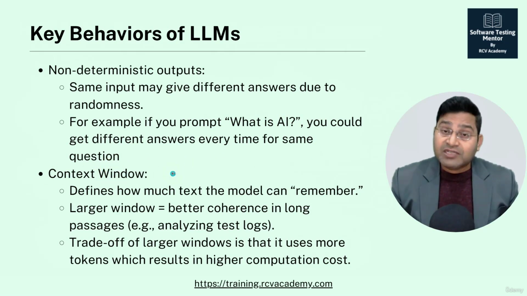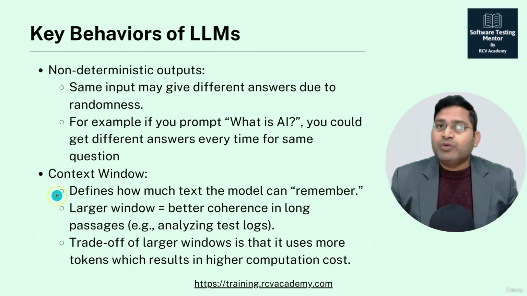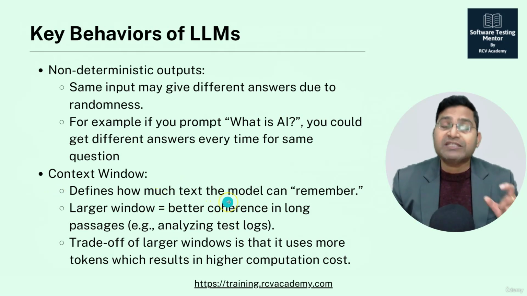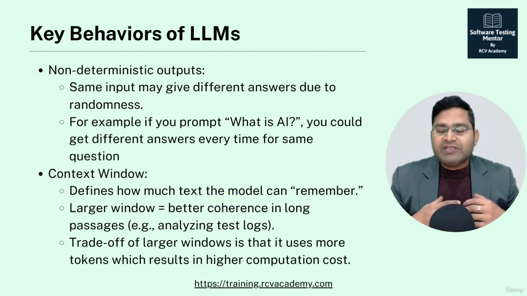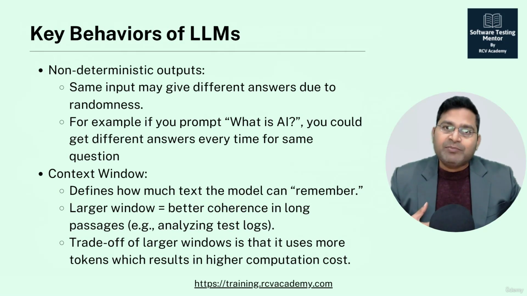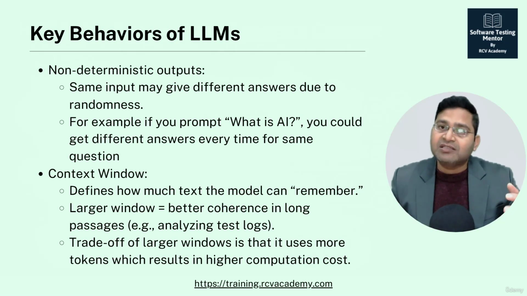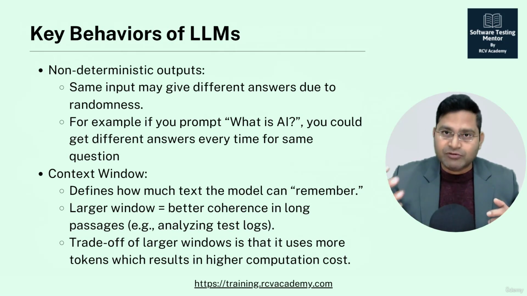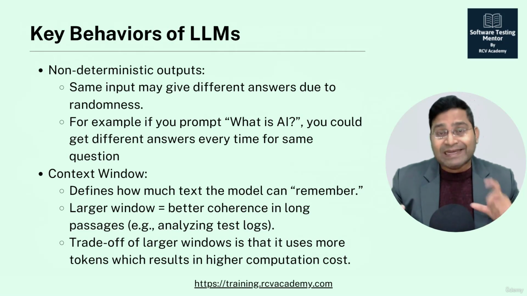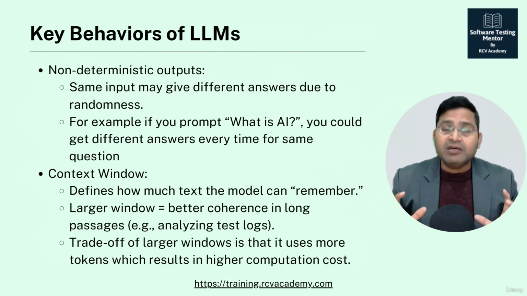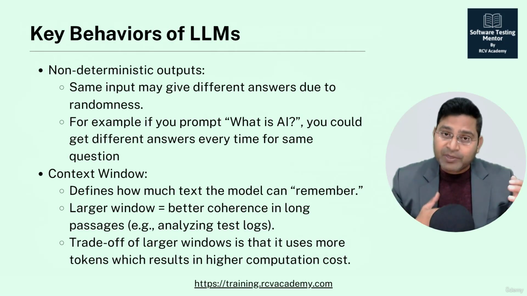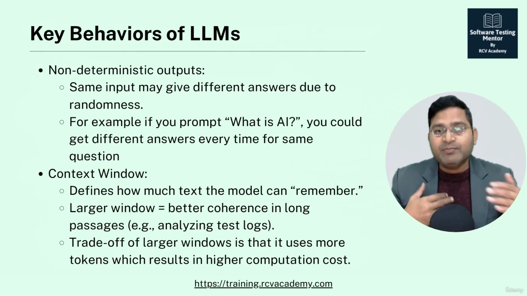Next thing is context window, another key behavior. We have briefly understood context window previously. It defines how much text the model can remember. For example, if I type in a query of 10,000 words, does the model remember all those 10,000 words and is able to process an answer, or will it only remember 5,000 words out of those 10,000? That's the context window: how much the model will be able to remember of what has been asked.